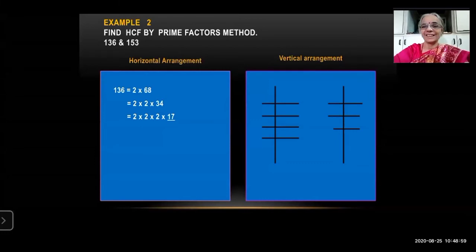So it means the number 153 can be divided by 3. Now again, take out your rough page. Divide 153 by 3. I'm giving a few seconds to you. Divide.